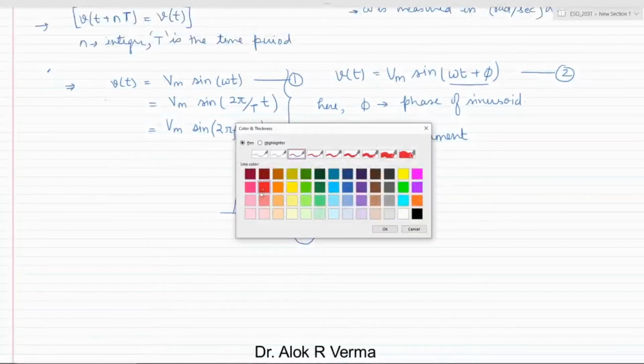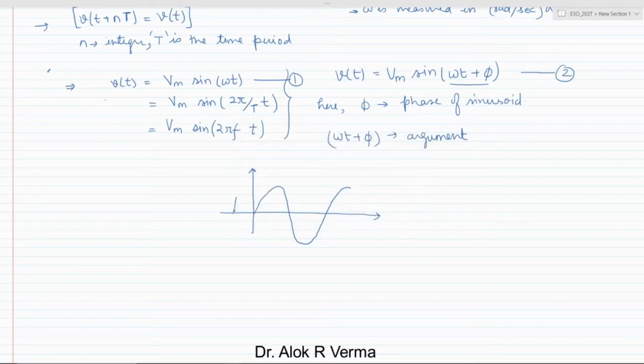I'll just select the red color with this thickness. Okay, so now let us see, this is the signal, this is another signal, all the values are Vm. Now this difference is nothing but the phi.